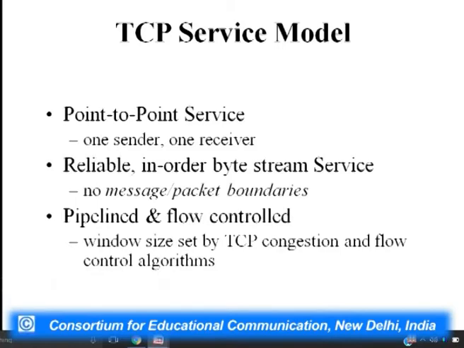It is pipelined with flow control. That means the segments or the data bytes go one by one in a pipeline mechanism, and the flow is controlled. How? Because of the window size set by the TCP congestion and flow control algorithm. That means the flow control has an algorithm based on which data transfer will take place, that is, how many bytes of data have to be transferred in one go.